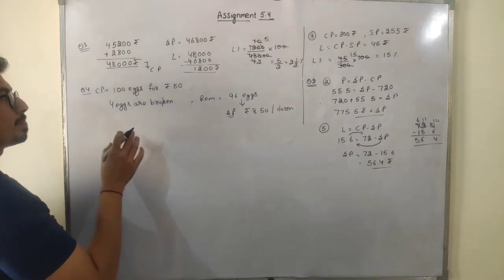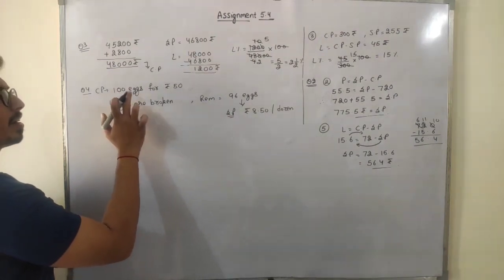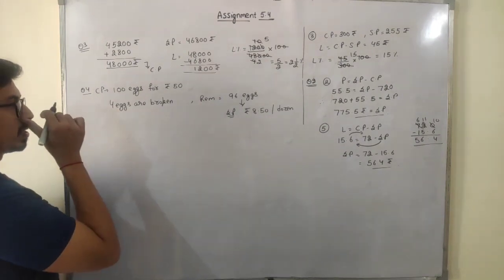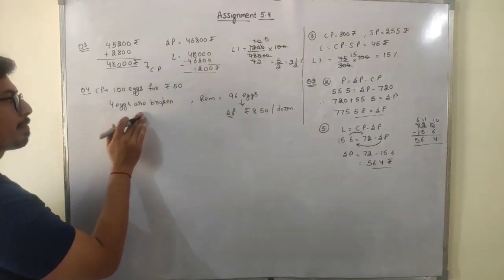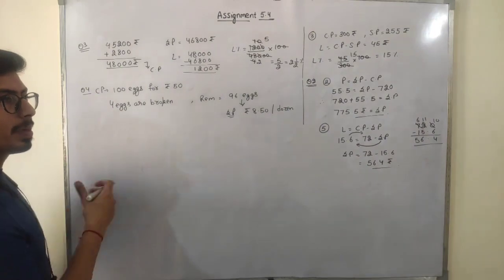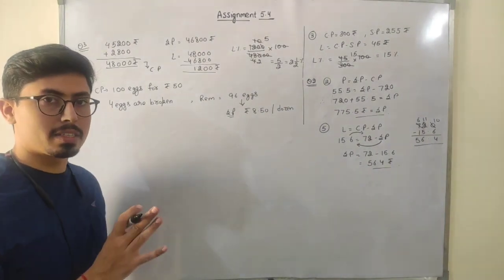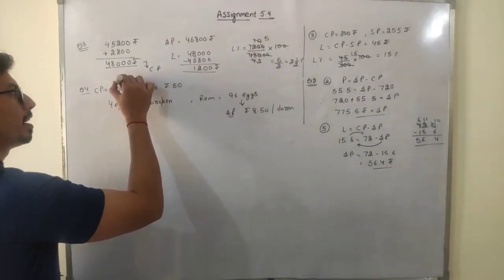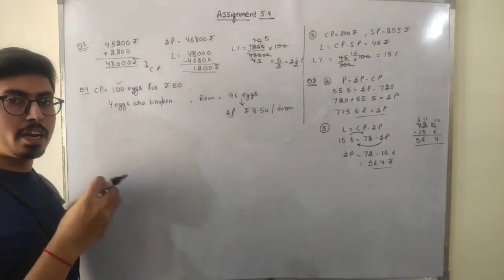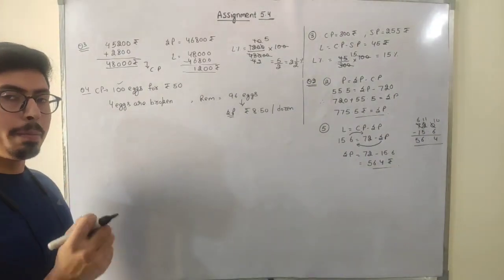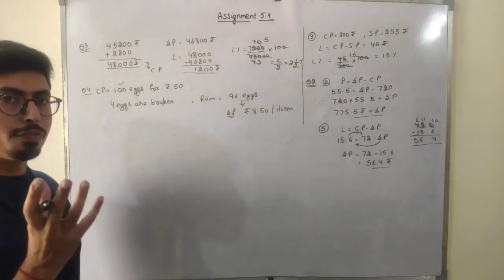Now see students, 100 eggs are bought for rupees 50. Okay. Now see, 4 eggs are broken. That means now he will be only able to sell 96, because see, he bought 100 for rupees 50. That means he had already paid rupees 50. Now students, when he came back to home, he found that the 4 eggs are broken.